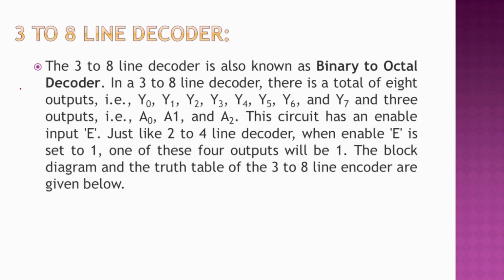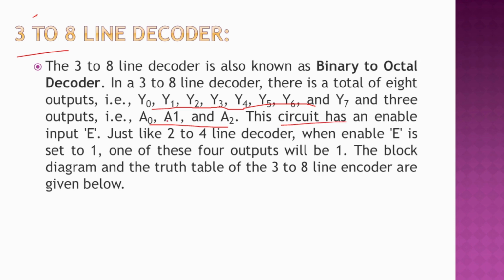Next decoder is the 3 to 8 line decoder. In this decoder you will have 3 input and 8 output. So the output will be mentioned with the variables Y0 to Y7 and the input is mentioned with the variables A0 to A2.